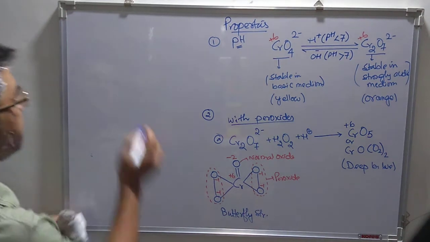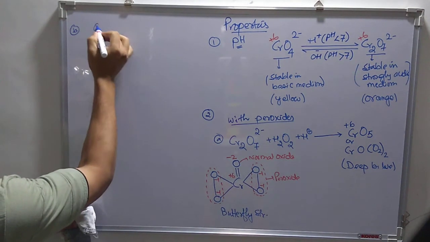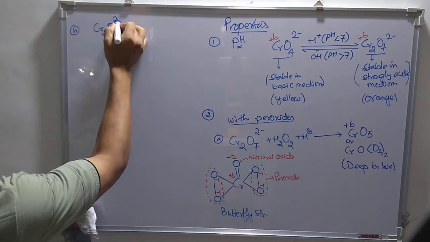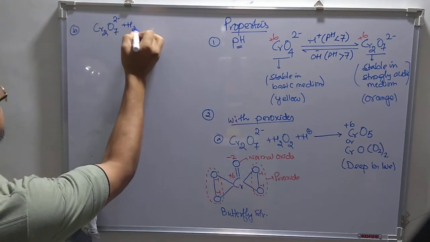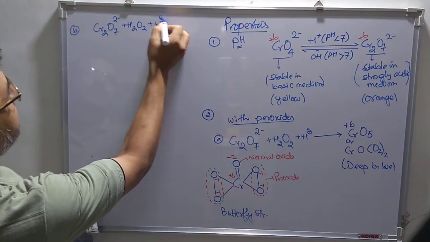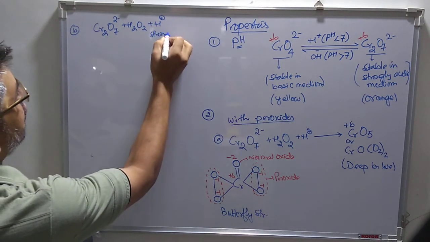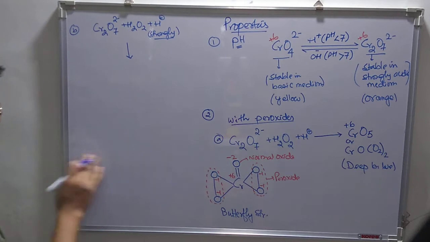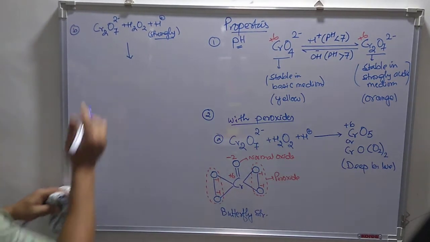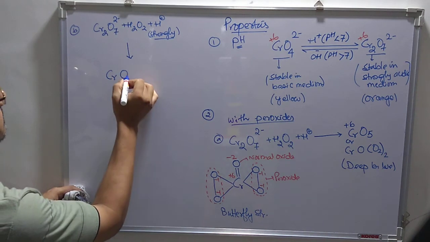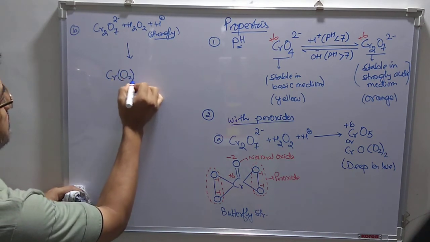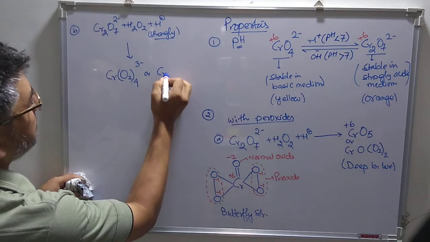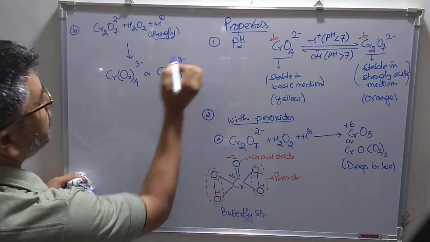In much stronger acidic medium, Cr2O7 2 minus plus hydrogen peroxide, strongly acidic, gives you the tetraperoxo ion, or CrO8 3 minus.